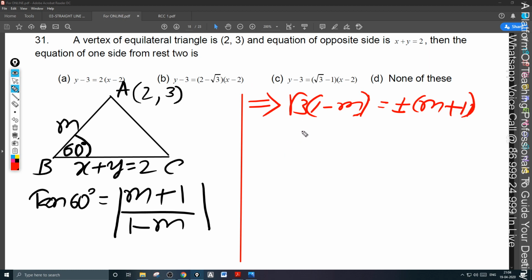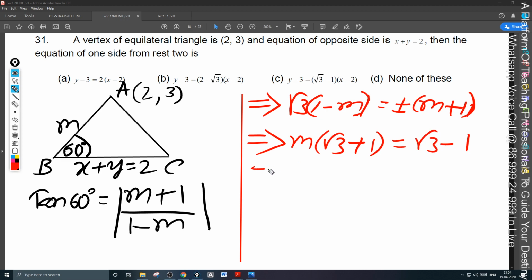So minus root 3 m, let us take plus m, or bring that to the other side, m into root 3 plus 1 is equal to root 3 minus 1. After rationalization, you will get this slope as root 3 minus 1 whole square over 2, which is 2 minus root 3. You will get 2 minus root 3.